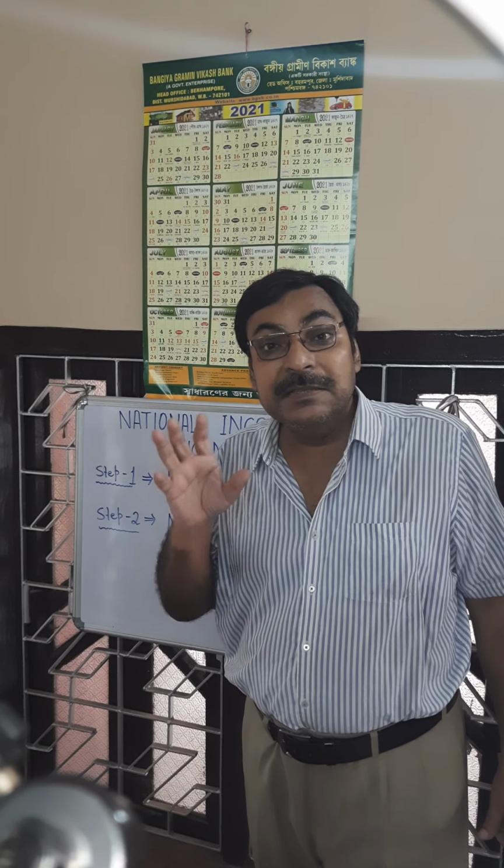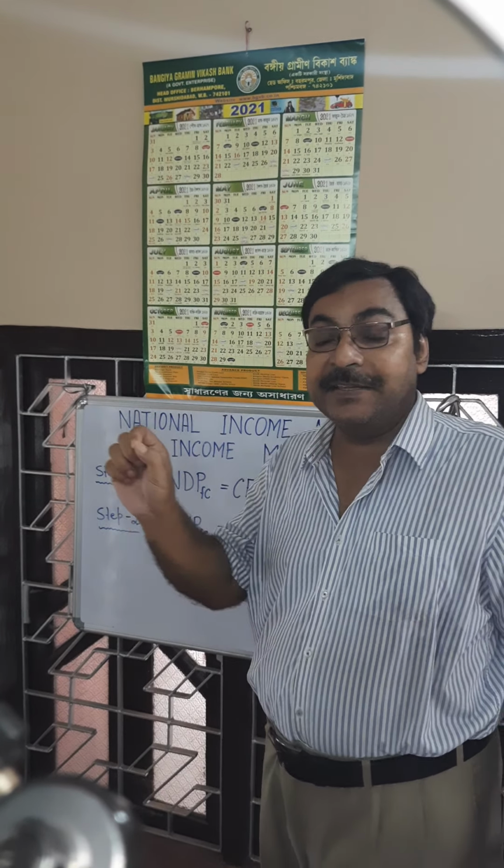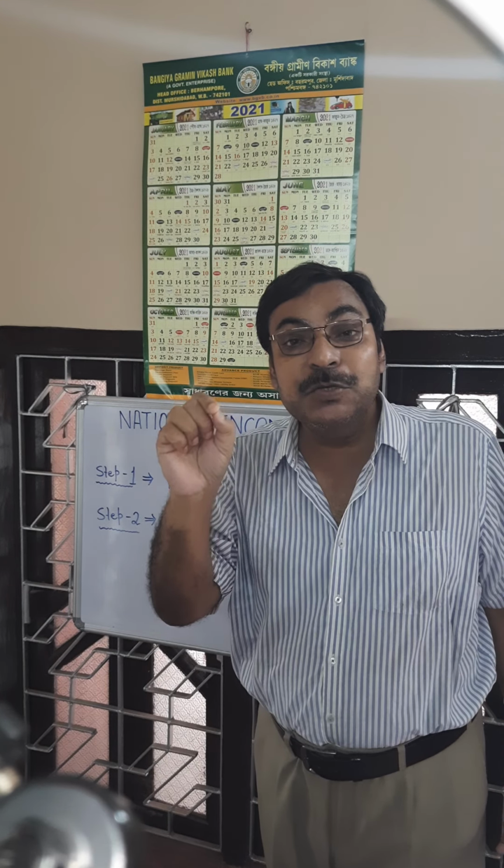But some payments, some compensations are enjoyed after the end of their working period. That is the payment for future benefit. So along with wages and salaries, other components of compensation of employees are employers' contribution to social security schemes.